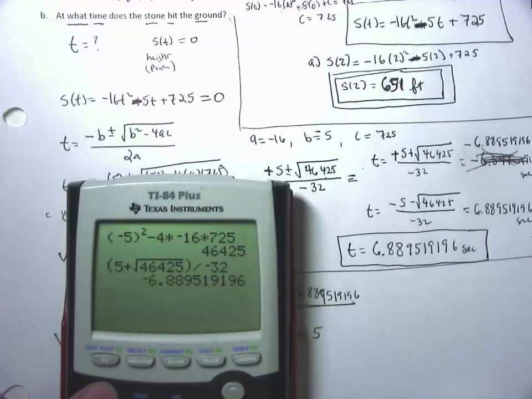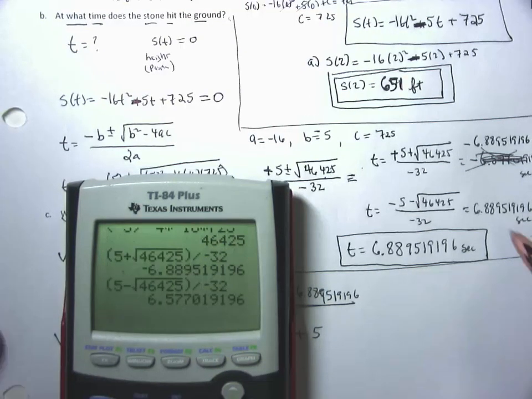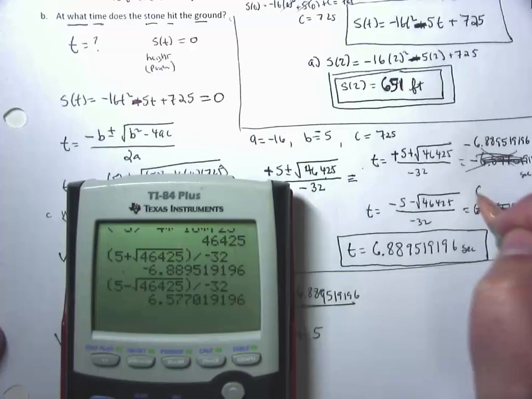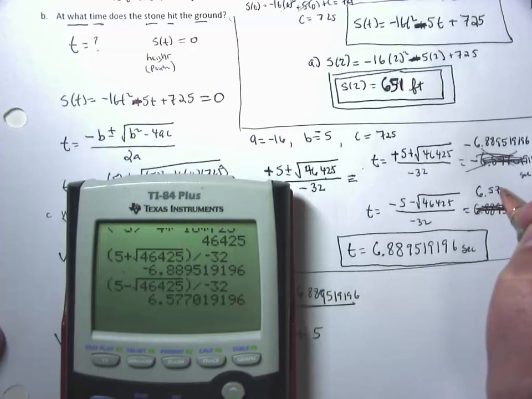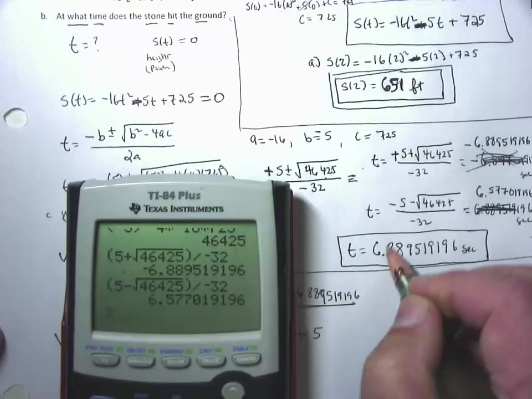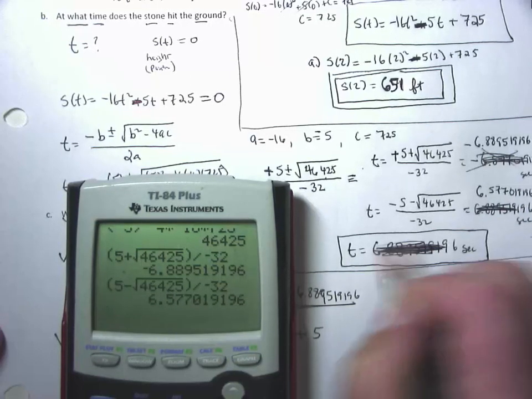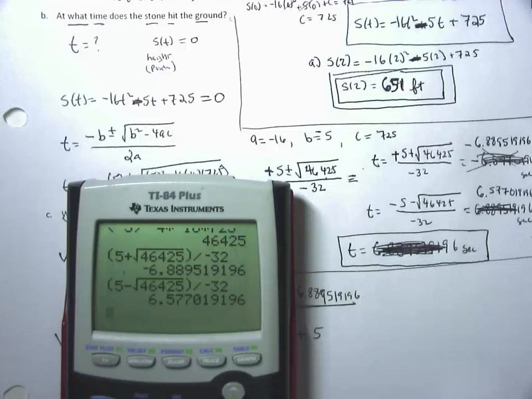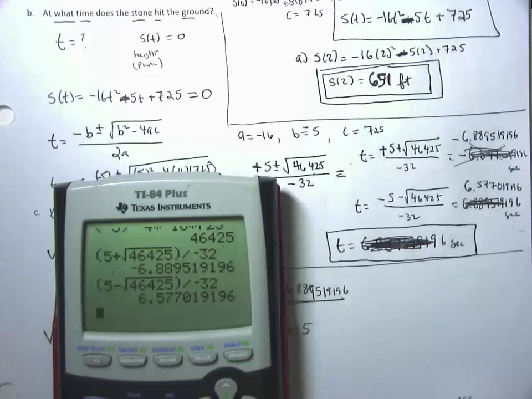And when I change that plus to a minus, I get the actual answer, 6.5770191196. So the answer here, when does the actual stone hit the ground?